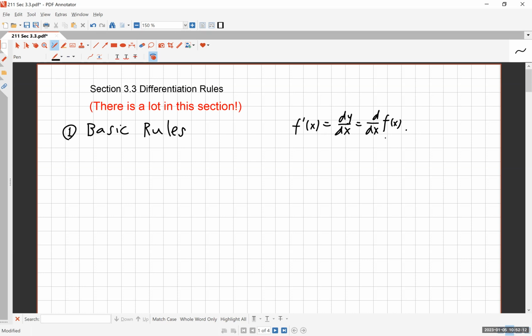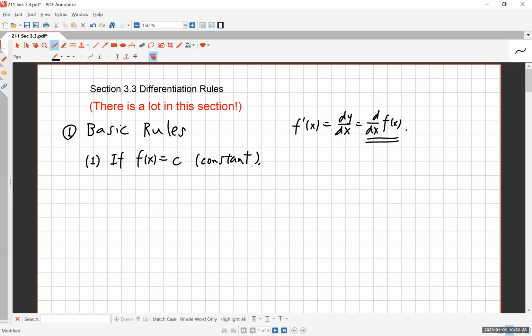This is going to be quite useful, and here, let me just tell you why. If f of x is a constant, what do you think the derivative is?